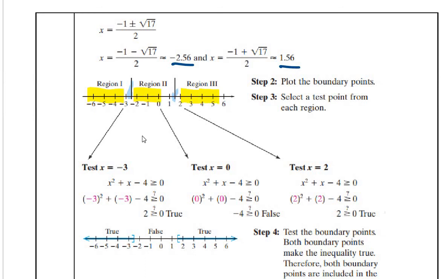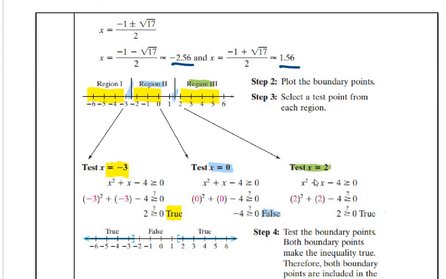Again, we take any number in the first region, minus 3, and check if we get a true or a false. Take another number in region 2, so we can take 0 there, and we see it's false because negative 4 is not greater than 0. And then we take a third one in the third region. We can use 2, we can use 3, we can use 4, we can use 5, we can use anything.